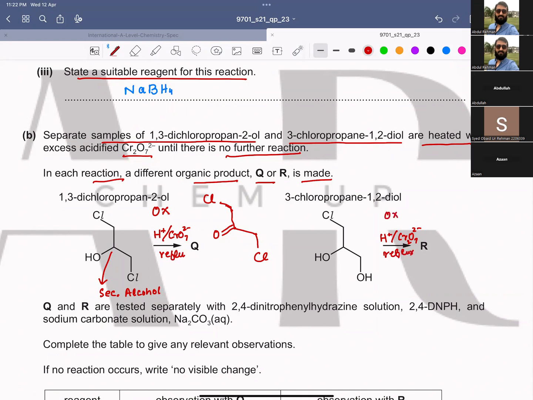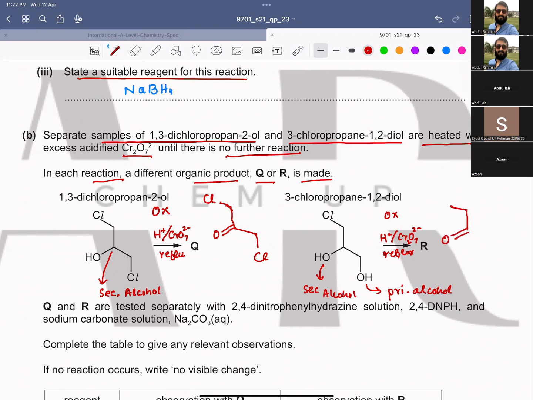Now, if you see this structure, 3-chloropropane-1,2-diol, this alcohol is a secondary alcohol, and this alcohol is a primary alcohol. So if you recall the oxidation of alcohols, when a primary alcohol is heated under reflux, it turns into a carboxylic acid, and a secondary alcohol on heating under reflux turns into a ketone.